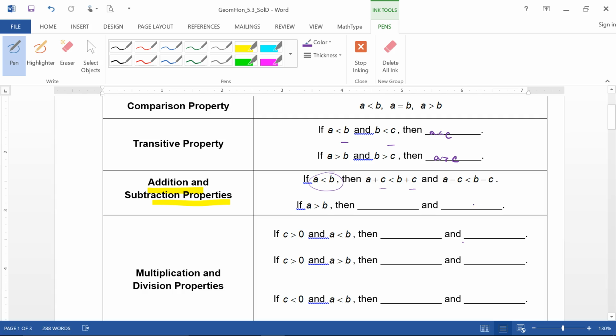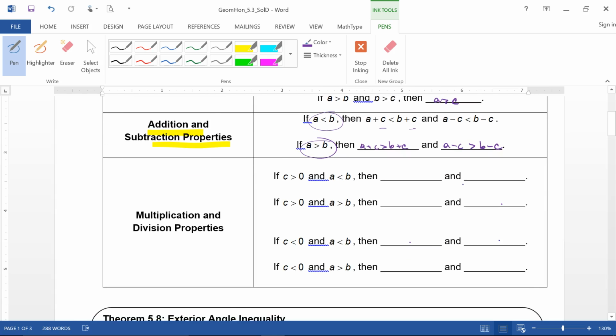Similarly, if A is greater than B, then A plus C is greater than B plus C, or A minus C is greater than B minus C. That's the subtraction property. And it's the exact same thing with multiplication and division.